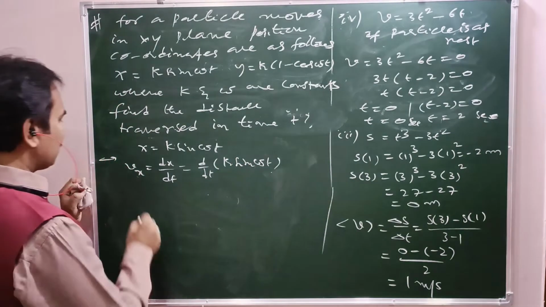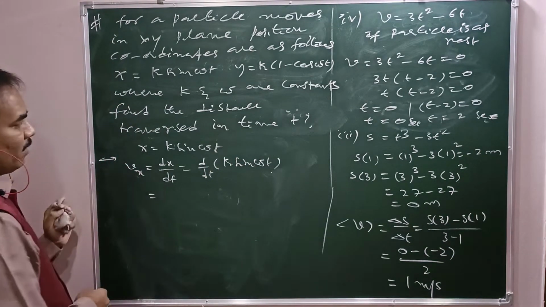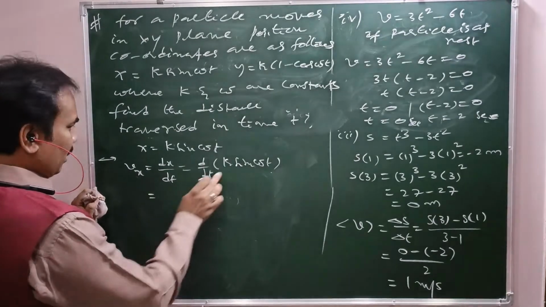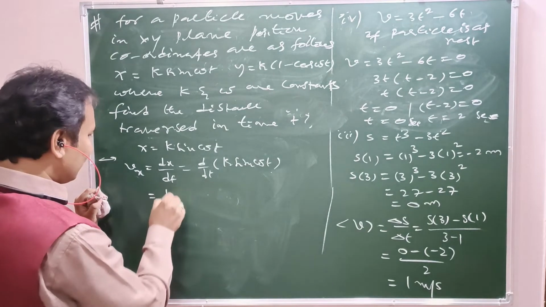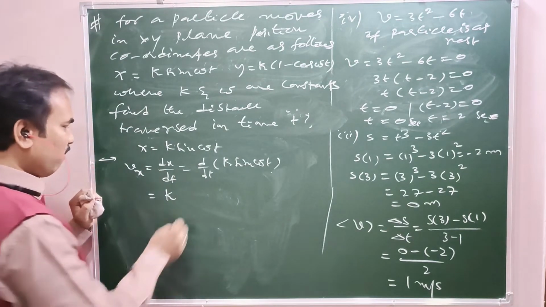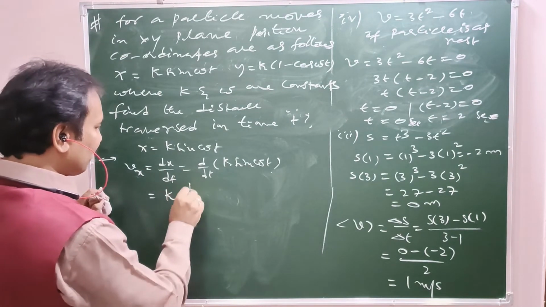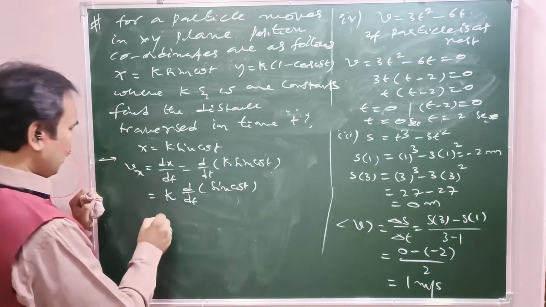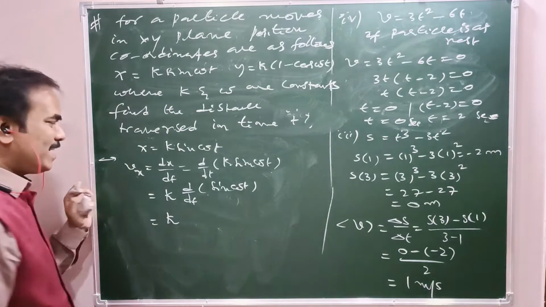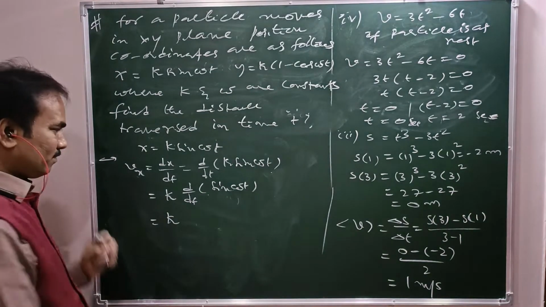Am I right? That is Vx equals, k is constant from data, so keep that k outside. K of d by dt of sin omega t. Am I right? That is k into d by dt of sin x, that is cos x.